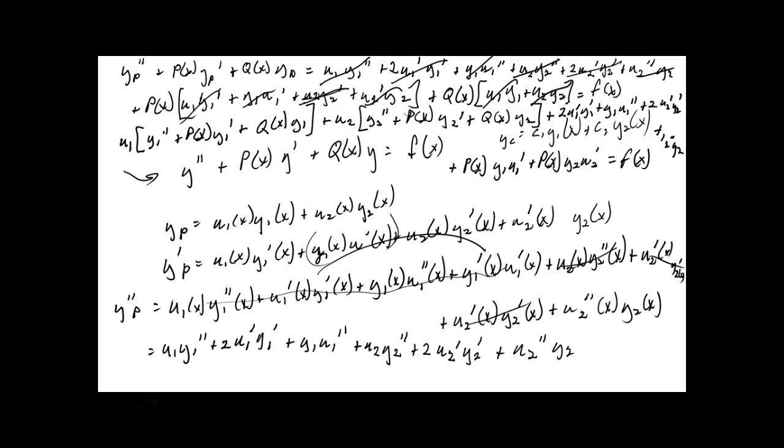But Y1 is the solution for that. Y2 is the solution for that. But Y1 is Y1 double prime plus P of x Y1 prime plus Q of x Y1, which is exactly that. But remember, that's the solution for your complementary. So this thing is 0.